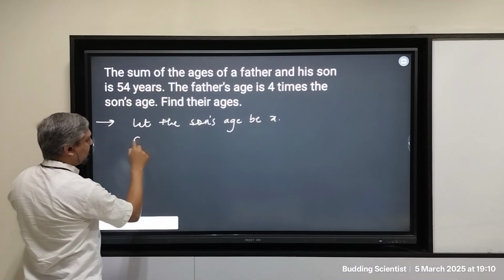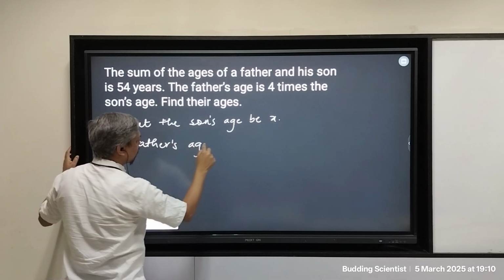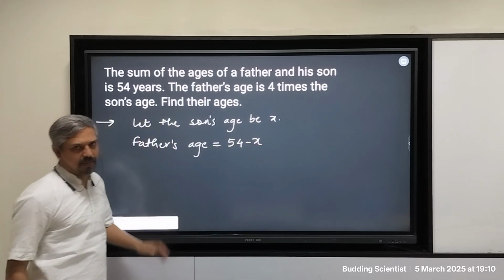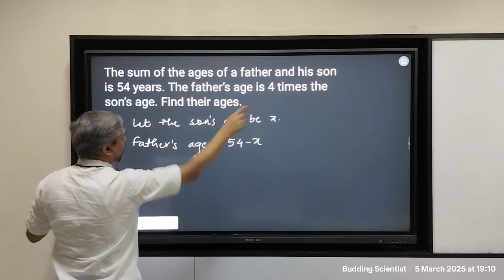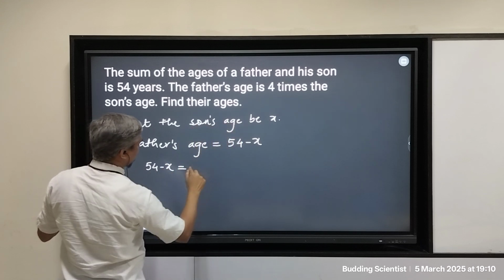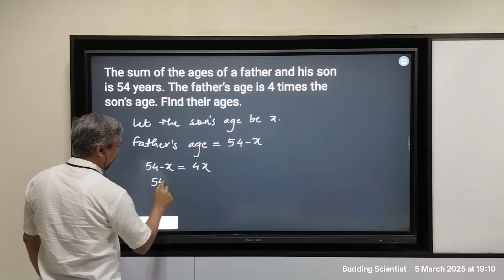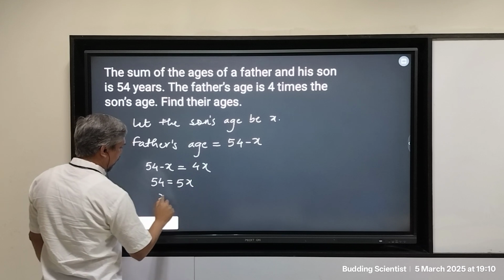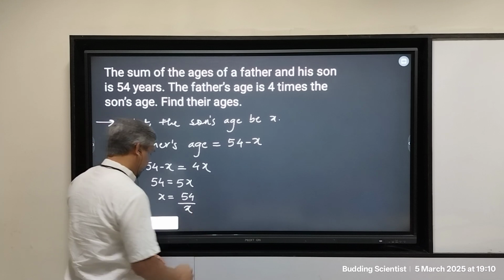So father's age must be 54 minus x. I hope this is not a problem. And the father's age is 4 times. So 54 minus x, father's age, is equal to 4 times son's age. So 4 into x. Add that there, 54 is equal to 5x. So x is equal to 54 upon 5.